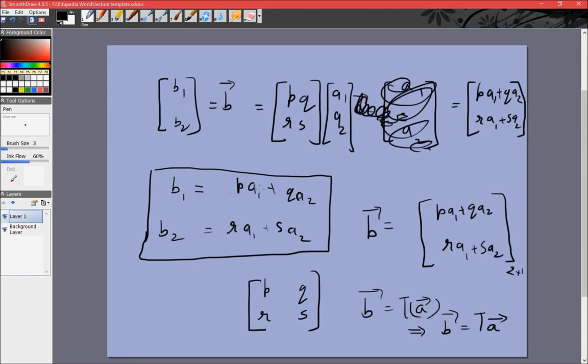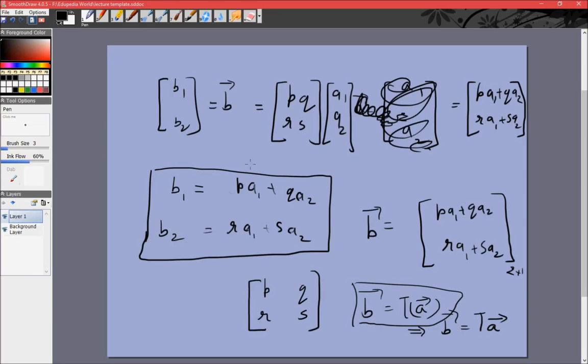If you have a vector A which has entries A1 and A2, and you make a linear transformation to the vector B with entries B1 and B2, every linear transformation can be represented in this way for some suitable numbers P, Q, R and S. So once we've done that, instead of writing B is a function of A, we would simply want to write B is the matrix of this transformation multiplied by A. So instead of applying the transformation to the vector A, you multiply the vector A by the matrix corresponding to the transformation. This will make things easier, trust me. Right now we are doing things which eventually will make things easier.